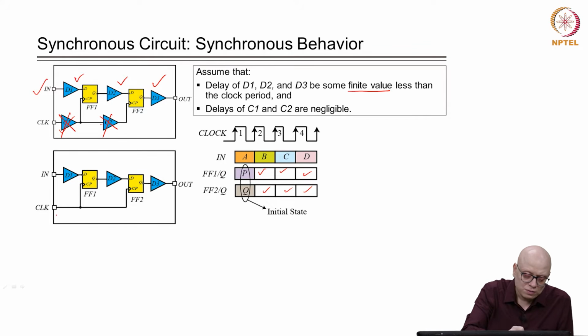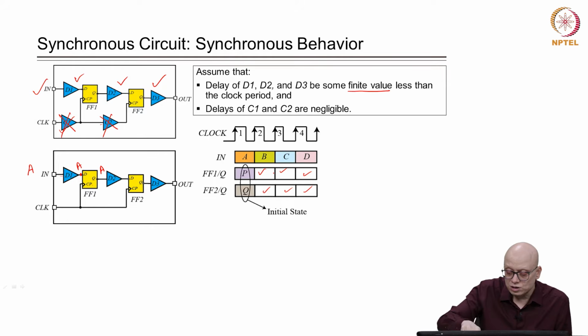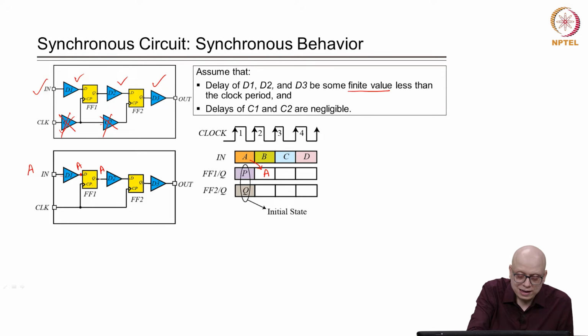Suppose A was here. Then A will propagate to the D pin, and whenever the clock edge comes, we will get A at this point. Once A comes here, it will propagate through D2, and the delay of D2 is finite, less than 1 clock period.